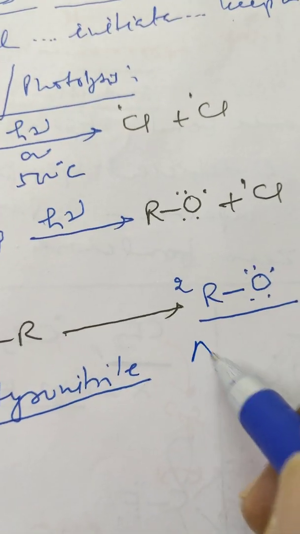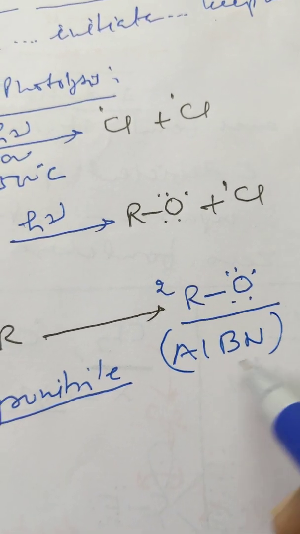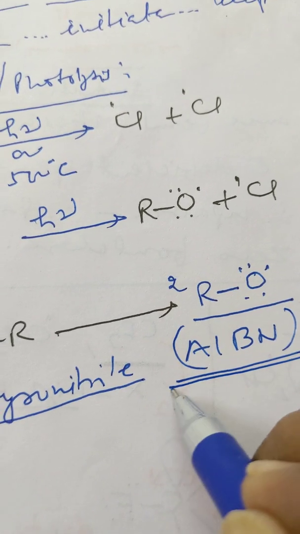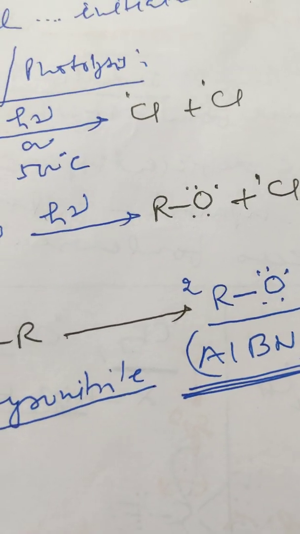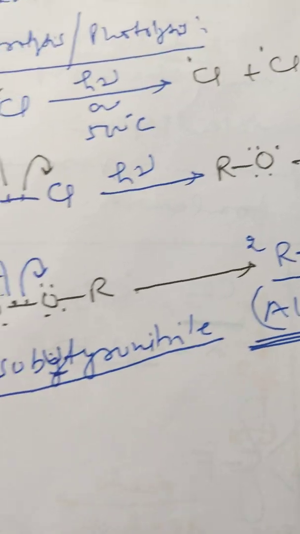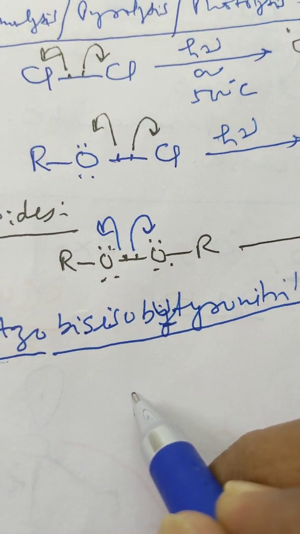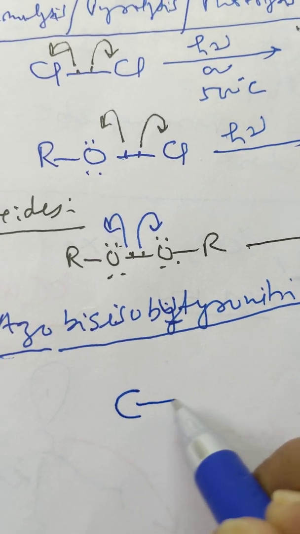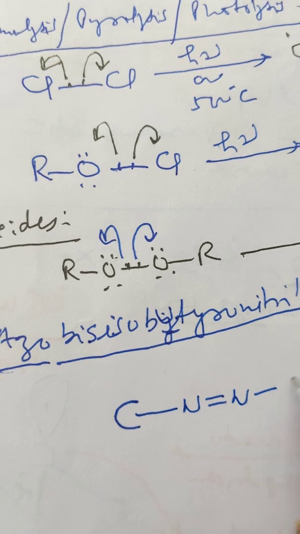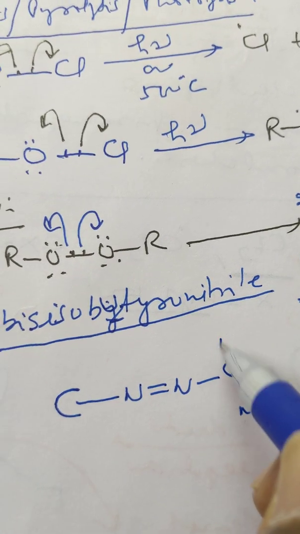In short, it is called AIBN. Azo bis isobutyronitrile. Whenever this is there, जब कभी भी ये आ जाए आपके पास रिएक्टेंट में लिखा हुआ, आप समझ लीजिए कि पक्का ही फ्री रेडिकल बनने वाला. What is azo bis isobutyronitrile? I will tell you its structure. Its structure is like this. C N double bond C. This we will convert these into two.